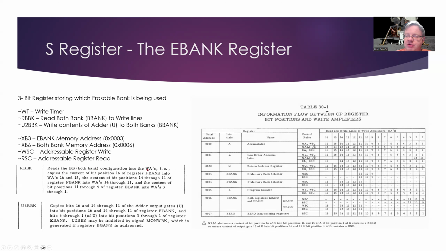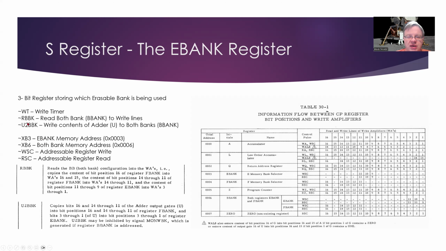When we refer to the BB or both bank, that refers to both the EBANK register and the FBANK register combined. The FBANK register is a 5-bit register that we'll talk about in the next episode. But whenever we see BB or both bank, it's referring to both the 3-bit contents of the EBANK register and the 5-bit contents of the FBANK register.